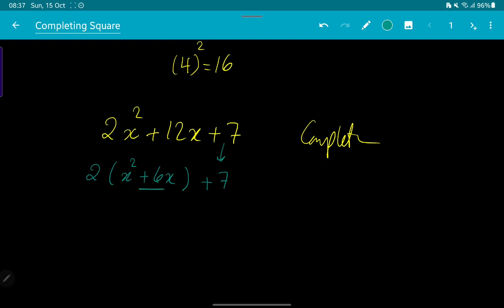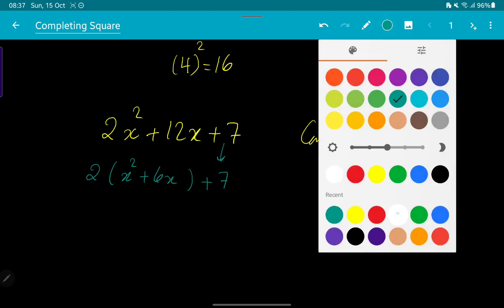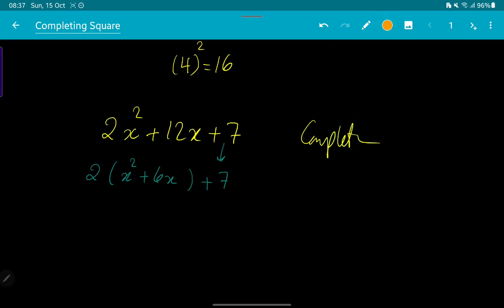Can you notice that we can make this perfect? It's like adding 0, because it's 6x without any c, so it means c equals 0. To make this perfect, half of 6 is 3 and 3 squared is 9. So there is no 9, there is nothing here.